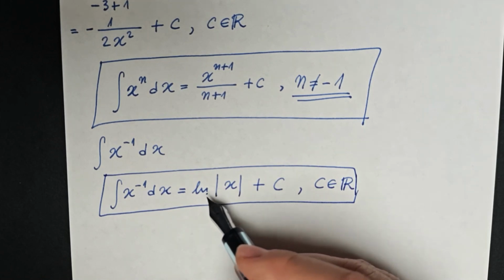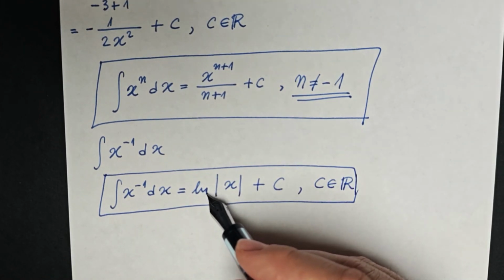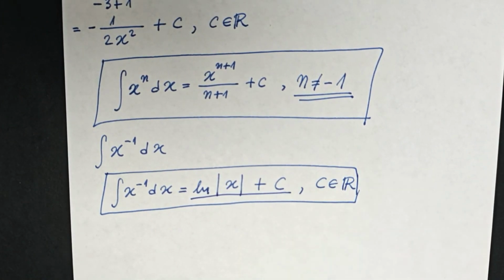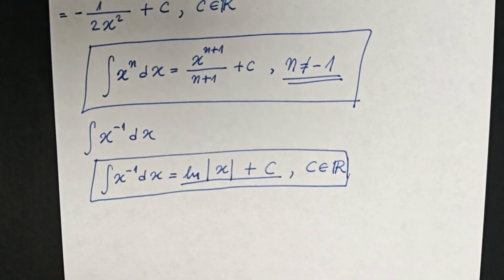This ln is a log for a base which is a natural number e, that Euler's number. You should know by heart that entire table of integrals, but I want to make a little note here. This is not actually ln of the absolute value of x plus c.